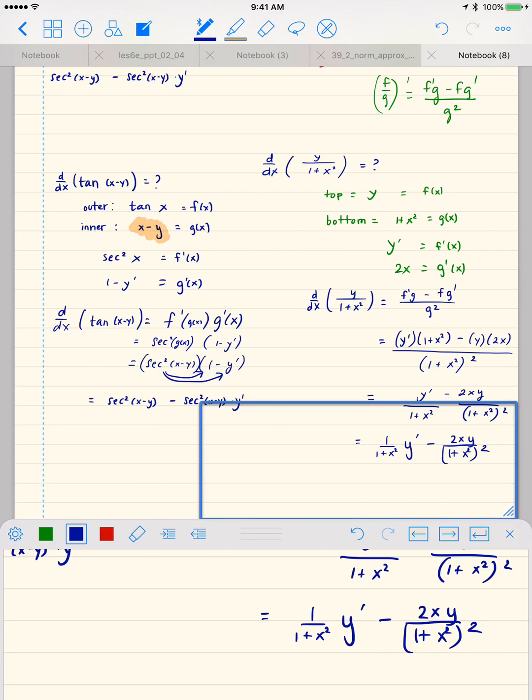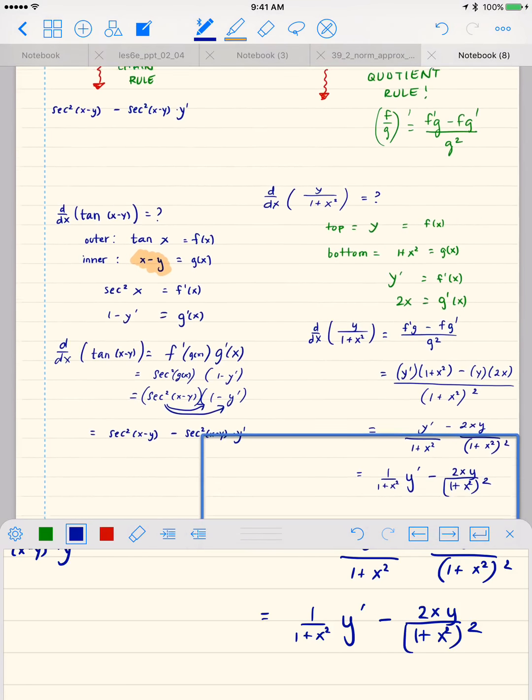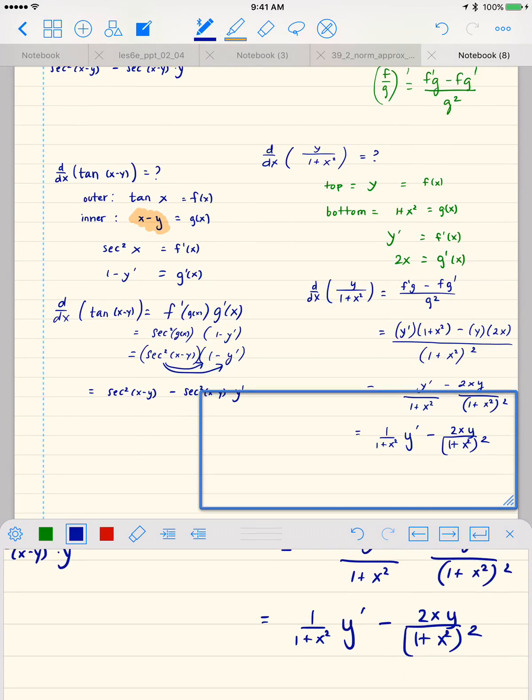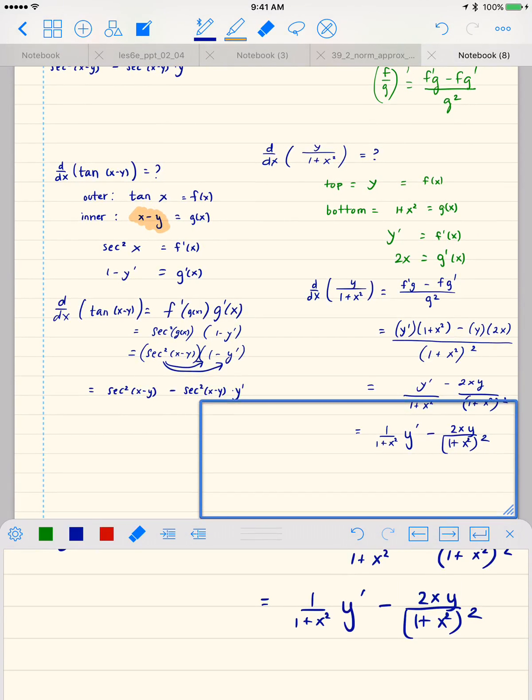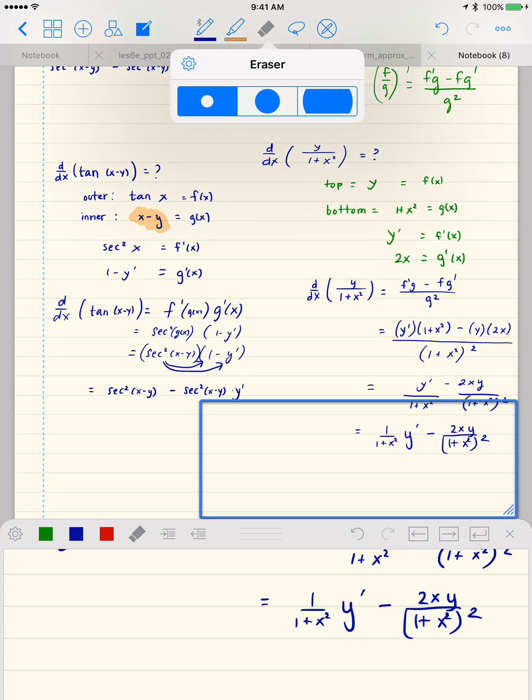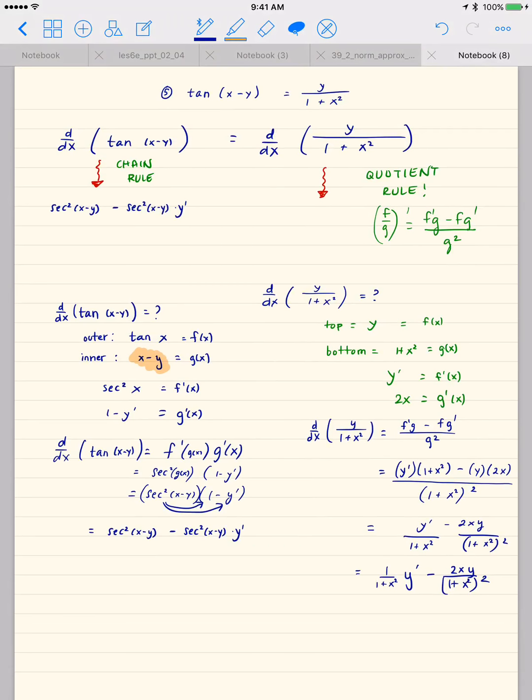And keep in mind, I'm always, in the back of my mind, recognizing that I'm going to need to get y prime by itself. So when I'm doing these problems, I go ahead and simplify wherever I can so that it's easier for me later on. So copy, paste.